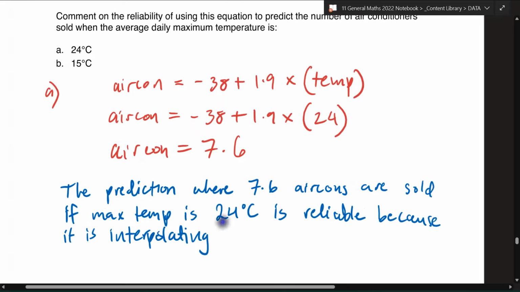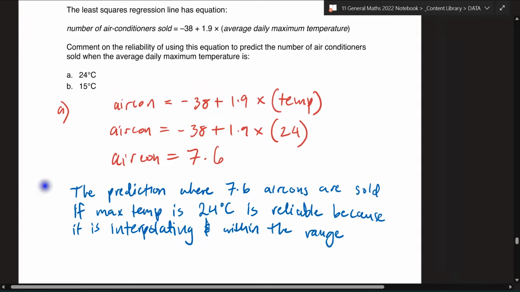You can even add as well, and within the range. So that's a rough guideline of how you can interpret the answer and comment on the reliability. So you want to say, if it's within the range, it's reliable, it's interpolating, okay, and it's within the range.